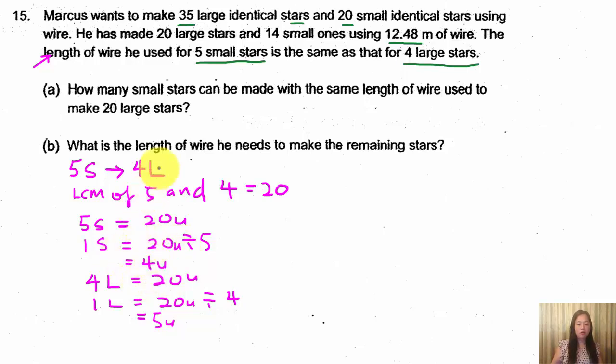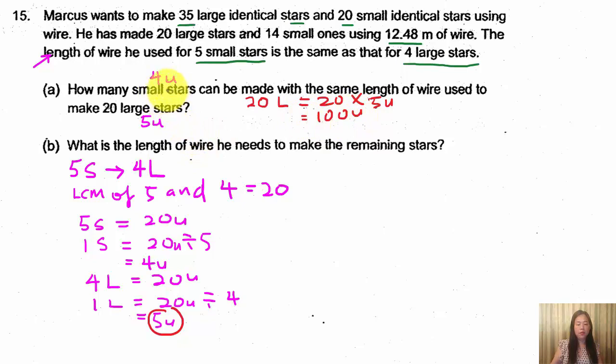So we can see now, to make a small star, we need the wire that is equivalent to 4 units. And to make a large star, we need the wire that is equivalent to 5 units. So the question asks, how many small stars can be made with the same length used for 20 large stars. 20 large stars will be equivalent to 20 multiplied by 5u, which is equal to 100u.